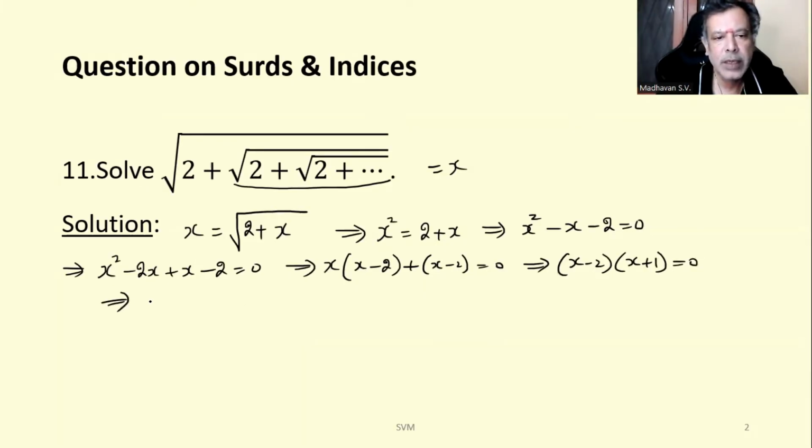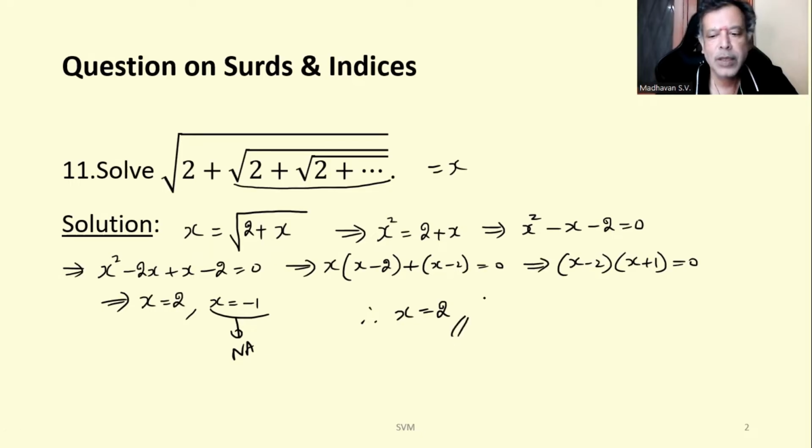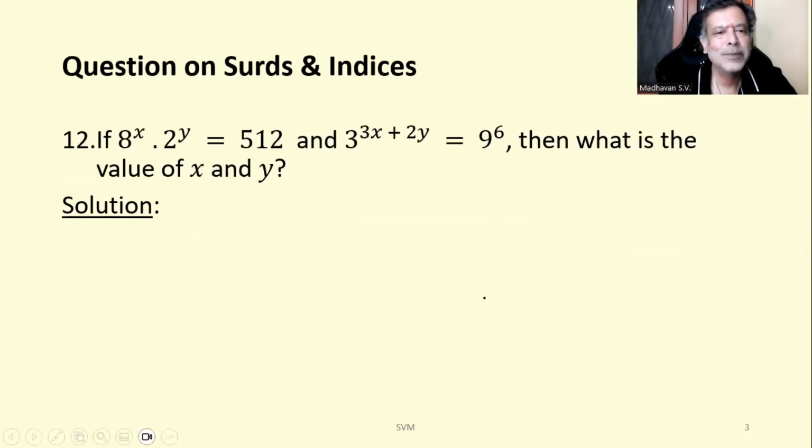Now we can say our x is plus 2 because x equal to minus 1 is not applicable because it is actually a result of a square root. So this is not applicable. Therefore, the result of the expression is 2 only. Let us move on to the next question.